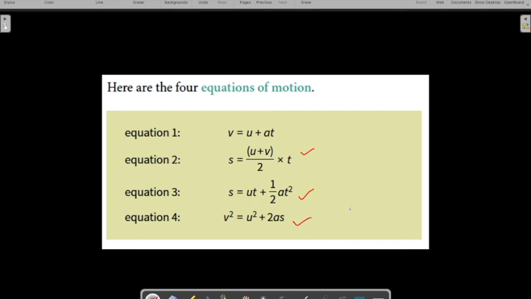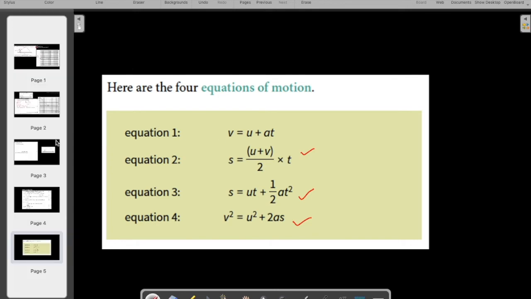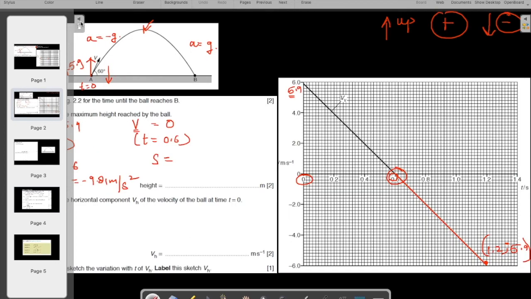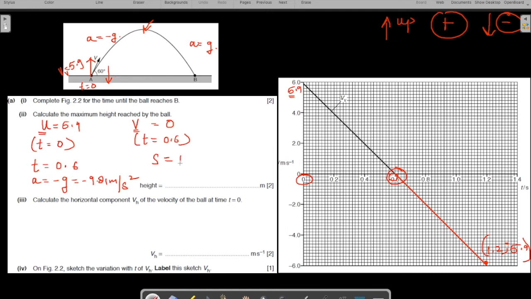All three formulas make sense. You can use any one of these. Try it in your free time, use all three formulas, you should get the same answer. Let us check the mark scheme to see which formula they have used. They have used the most used formula for calculating s, which is s equal to ut plus half at squared. So substitute your values in this equation.